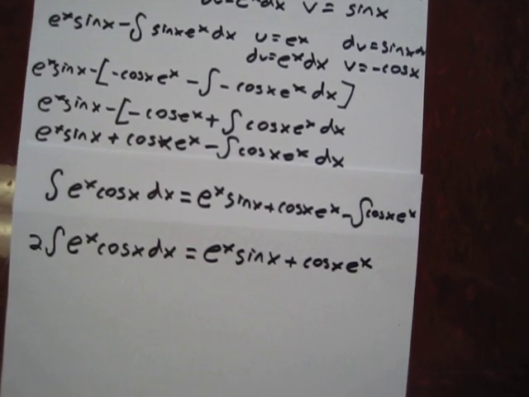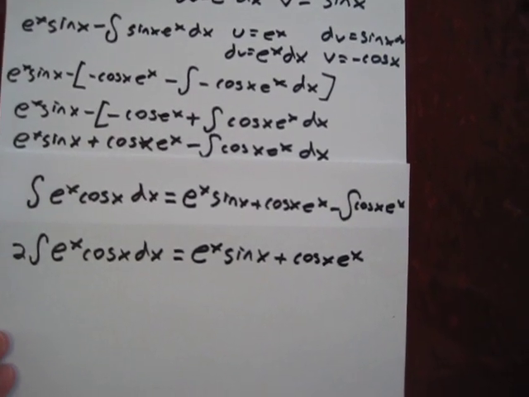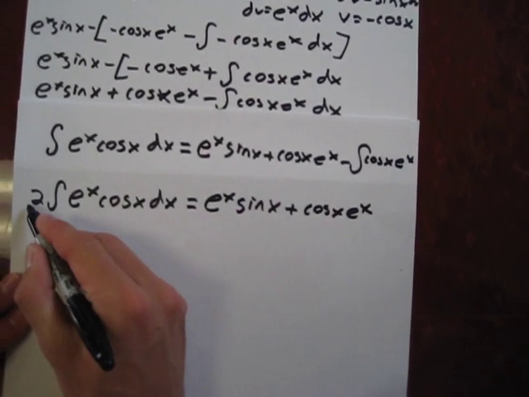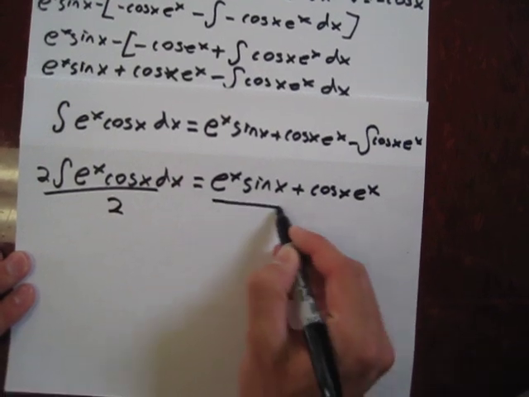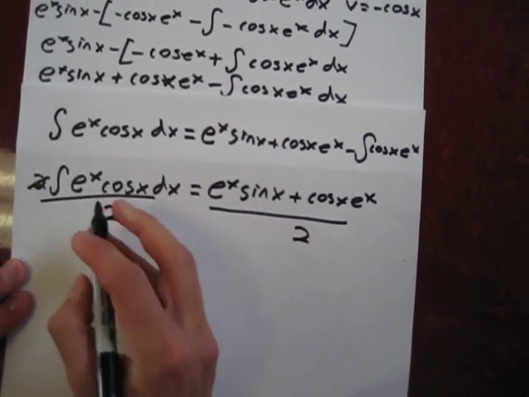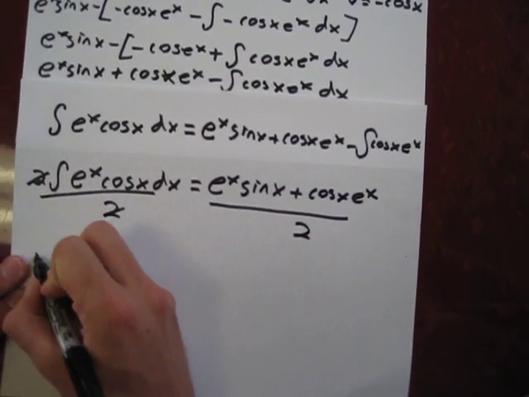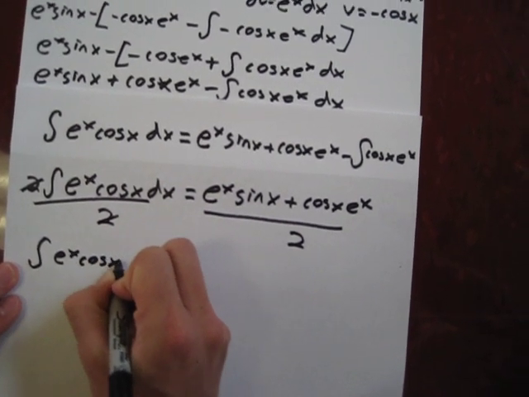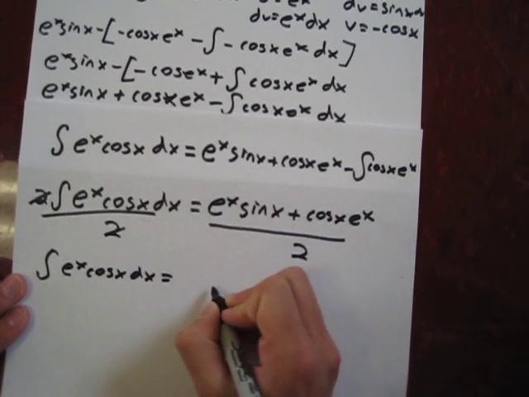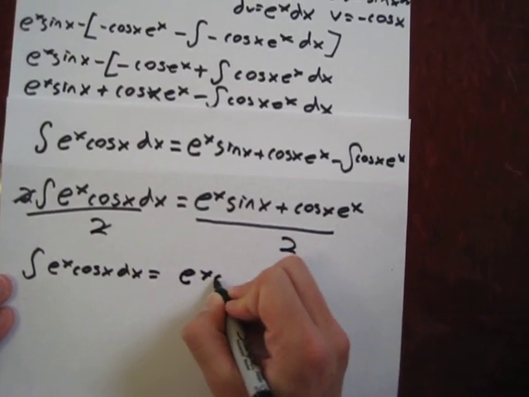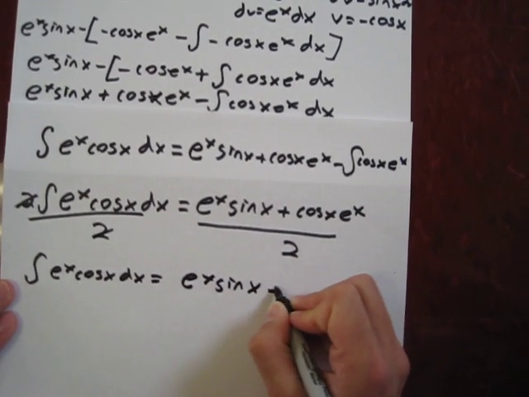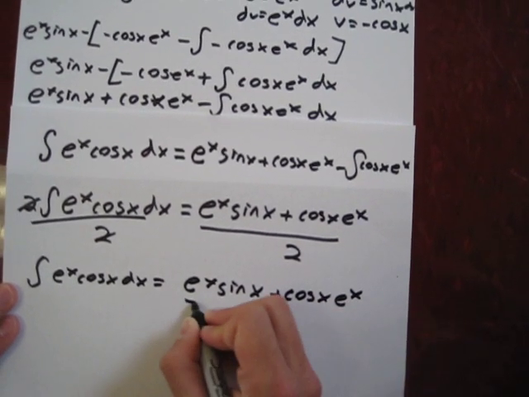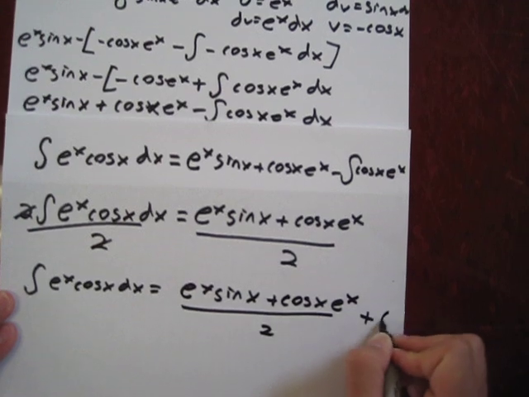And now to finish, I'm going to divide everything by 2 to figure out what the original integral equals. So the 2 cancels out, and we end up with the integral of e to the x cosine x dx equals e to the x sine x plus cosine x e to the x, all over 2, plus c.